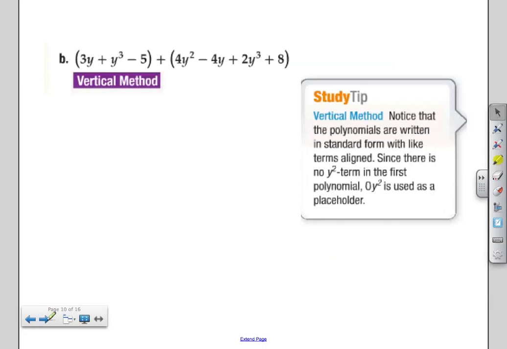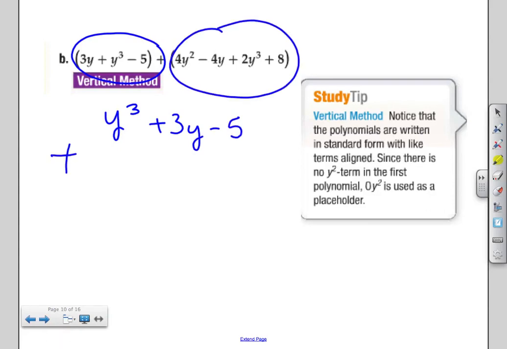Vertical method's a little bit different. For the vertical method, I'm going to put the terms in standard form first. So I'm going to take this first expression and write y squared plus 3y minus 5. And then I'm going to take the second one. I'm going to add them together vertically, but I'm going to put the like terms together.